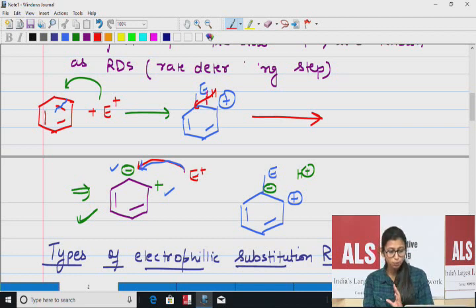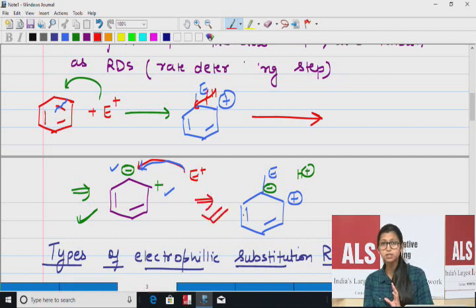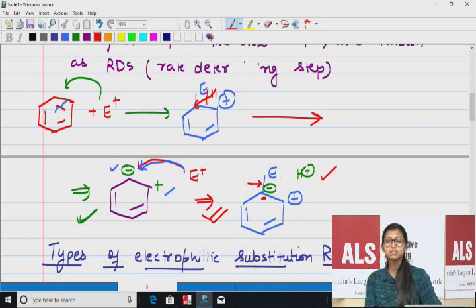If you break that bond, look at this particular ring. Here we are getting the H plus and here I am getting a negative charge. You have broken the CH bond, H plus is gone away, and we get the negative charge in the ring. So now this negative and this positive will make a bond.